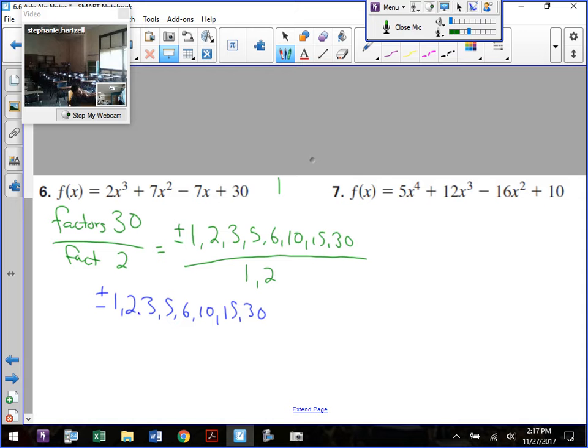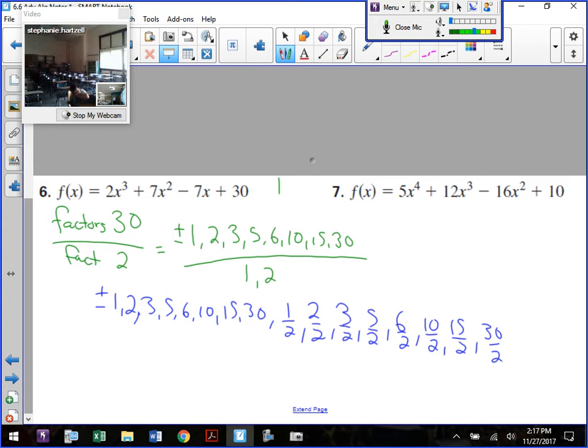But you also get 1 half, 2 halves, 3 halves, 5 halves, 6 halves, 10 halves, 15 halves, and 30 halves.